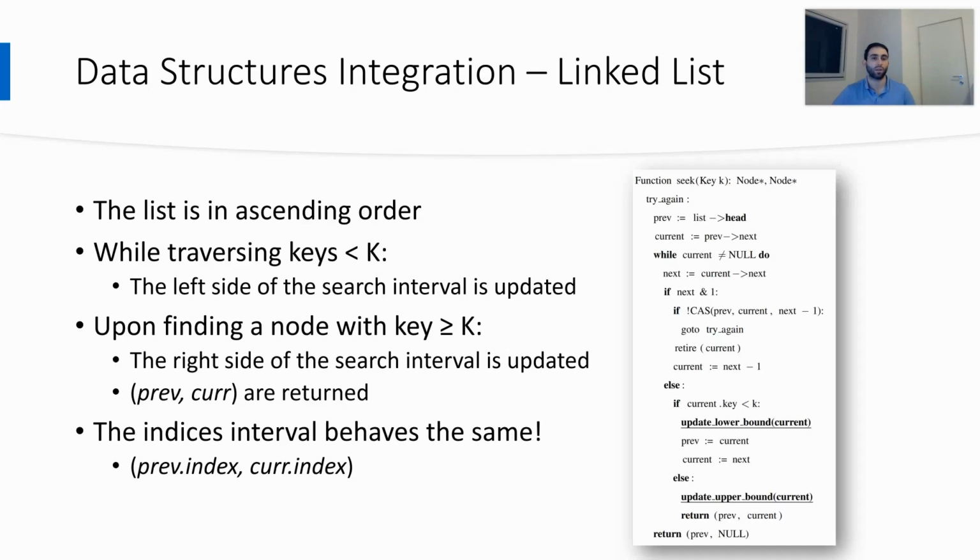So in this case, the upper bound of the indices interval should be updated. Okay, so now this linked list implementation is finally compatible with MP, and it can use MP as its safe memory reclamation scheme and enjoy its benefits.